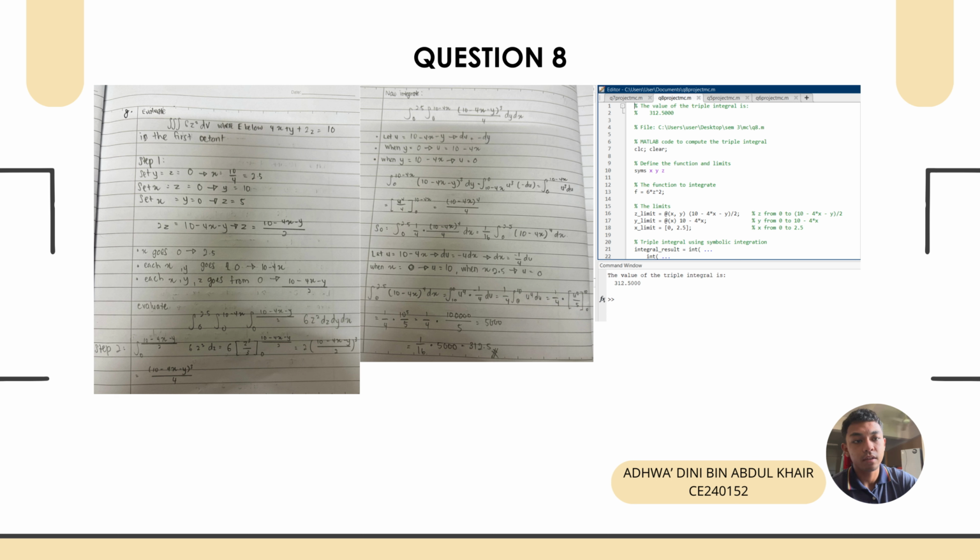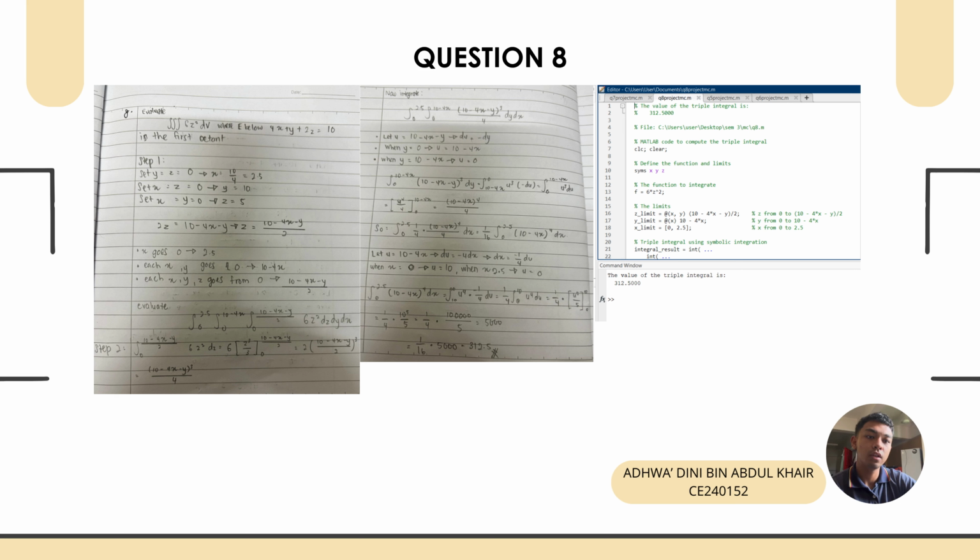Solving the inner integral with respect to z, we get 2 times ((10 minus 4x minus y) over 2) cubed.